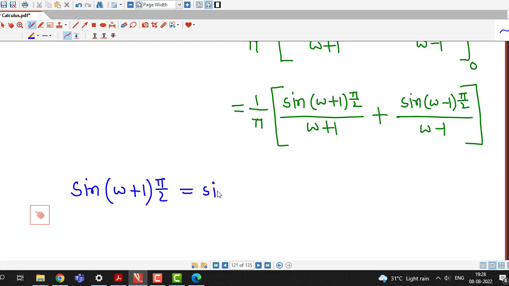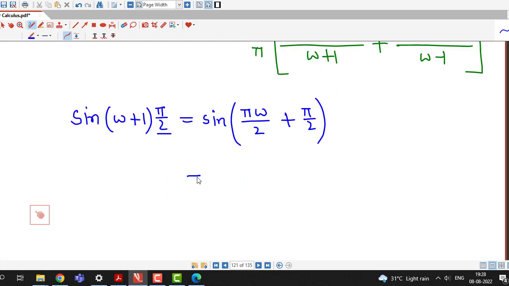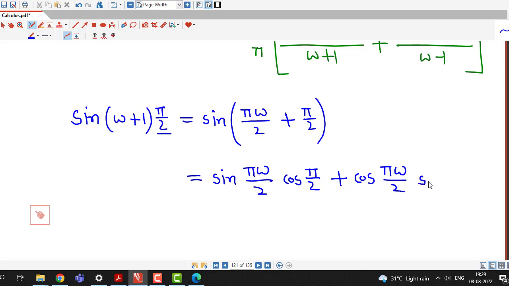This is equal to sin, I write in this way, I multiply this omega plus 1 by pi by 2 and I have sin(pi omega by 2 plus pi by 2), and using the standard formula sin of alpha plus beta equals sin alpha cos beta, that is sin(pi omega by 2) cos(pi by 2) plus cos(pi omega by 2) sin(pi by 2). We are using that standard formula.